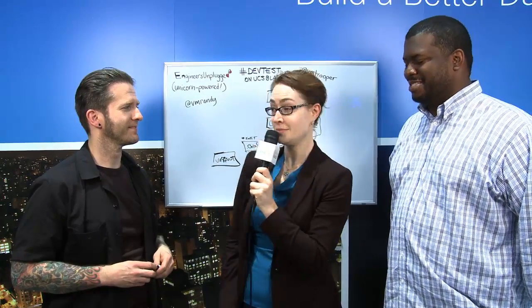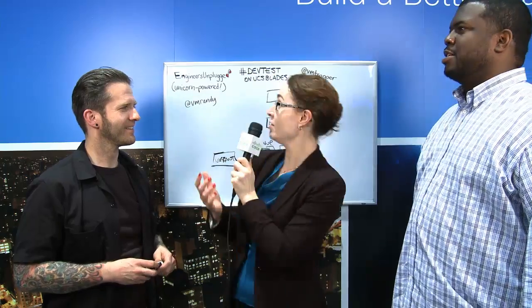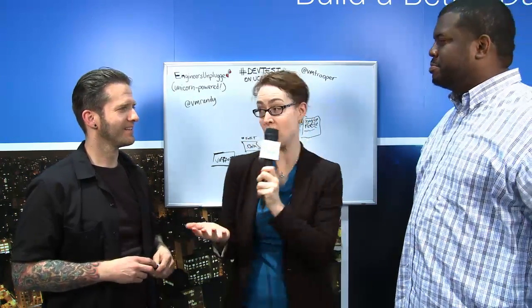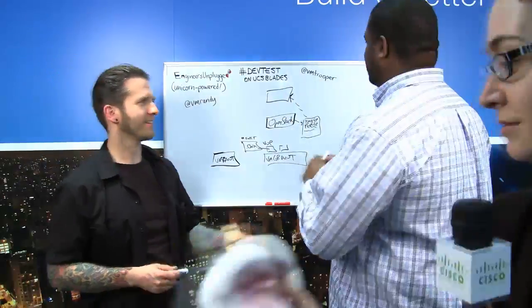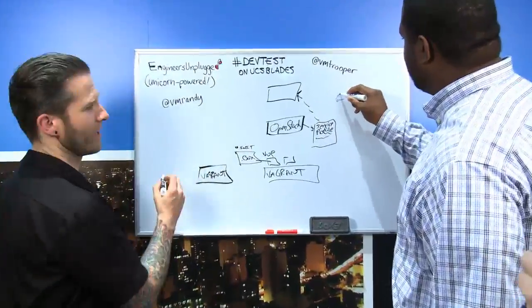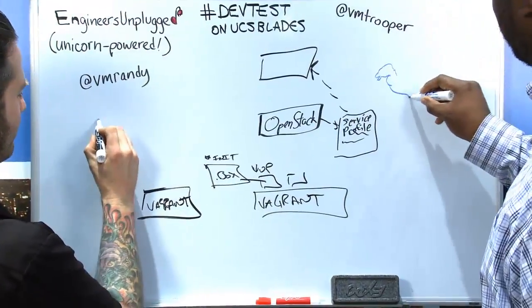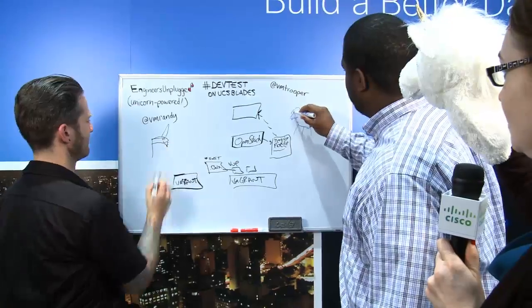Okay, in that spirit, you know what's coming. It's unicorn time. So I think we need to draw a transitional unicorn. If we're talking about dev test, I would like to see your very best dev test unicorn. Go, go. I like where they think I'm kidding. It works every time.